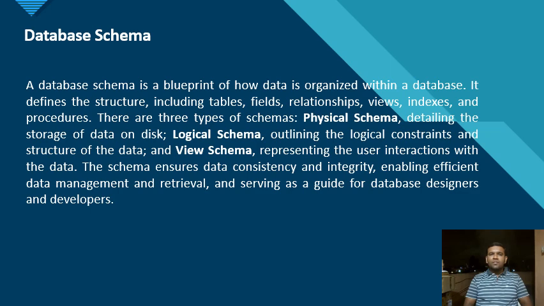The logical schema, outlining the logical constraints and structure of the data, and the view schema, which represents the user interactions with the data. This schema ensures data consistency and integrity, enabling efficient data management and retrieval, and serving as a guide for database designers and developers.